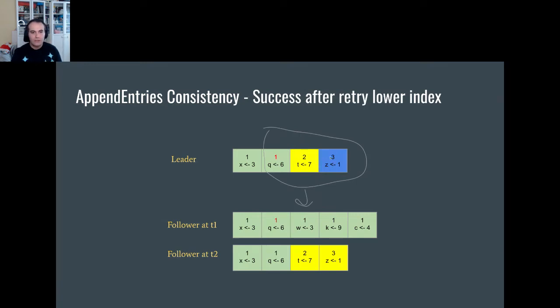So it tried to send three, doesn't match. Again, doesn't match. But here it matches. So at the end, you see one, this 3 and 6 is here, but 2 and 3 is sent by the leader. As you can see, if there is inconsistent data, it will be overwritten by the leader. The leader always has the up-to-date data, and it is always true. And you need to expect some data overwrite operations as a follower.